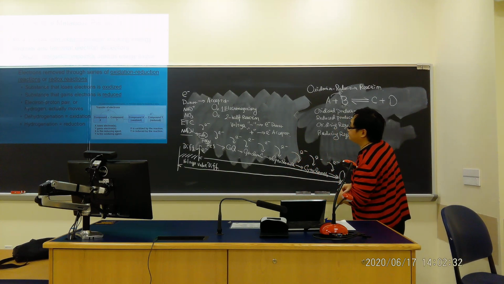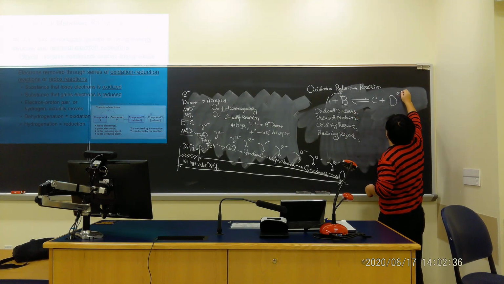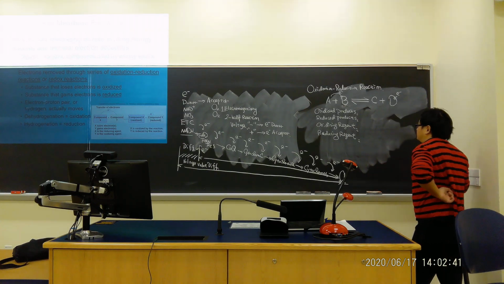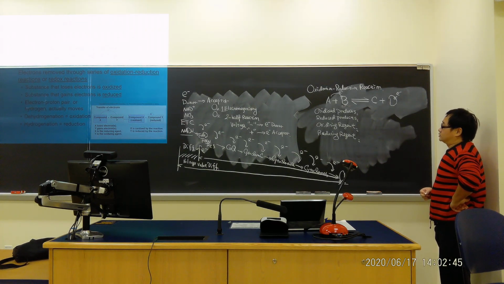Okay? And this generates C and D, let's say the electron is accepted here. Now you tell me, which one is an oxidized product? Which one is a reduced product?